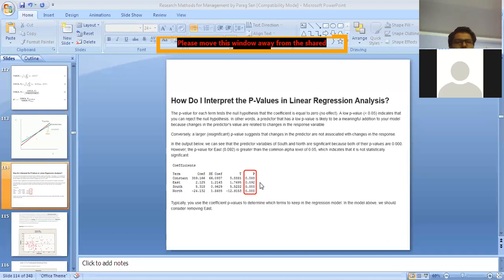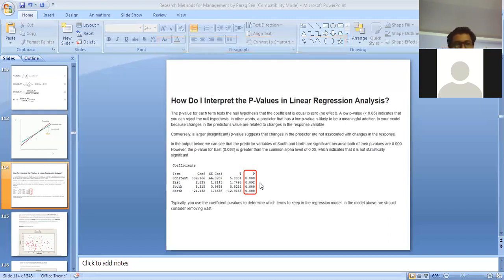So you can say that the effect of east on the response variable, or the output, or the dependent variable, is not significant.